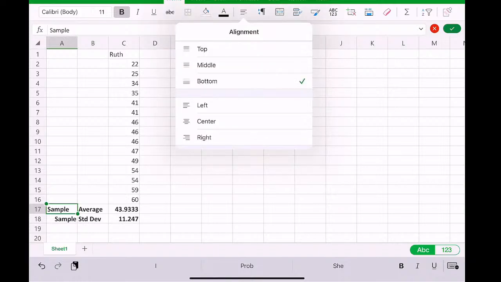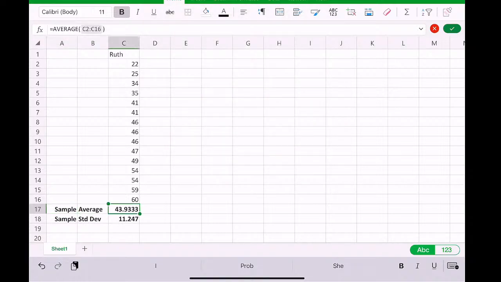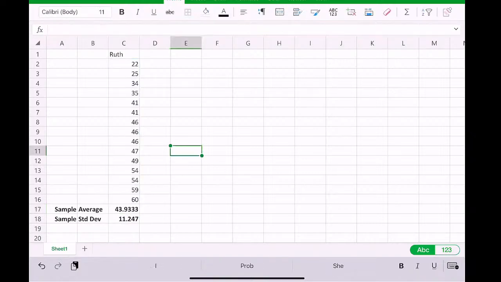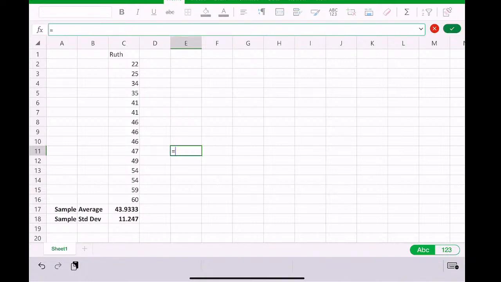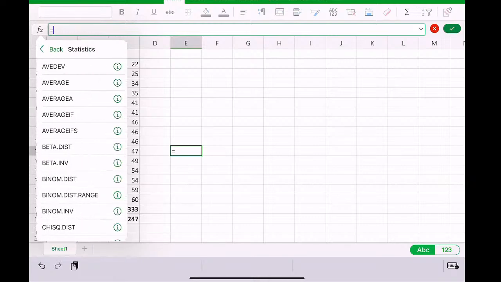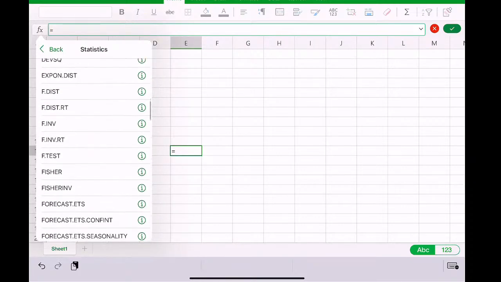Questions? So just repeat, you have to press equals and then you get to pick a function. If you tap function, you can go between financial, logical, text, and statistics. These are all statistic functions available to you.